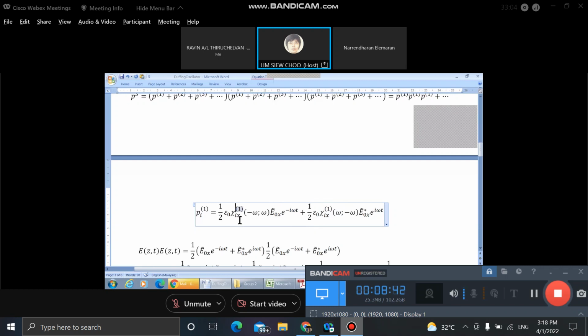The star is no more on the chi, but the complex conjugate you can reflect in the argument. So this is the complex term, and this is the complex conjugate. This term is the conjugate of this, and this term is the conjugate of this. So the whole term on the right is the conjugate of this.